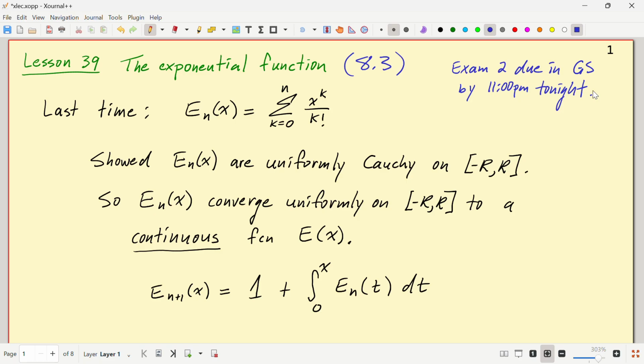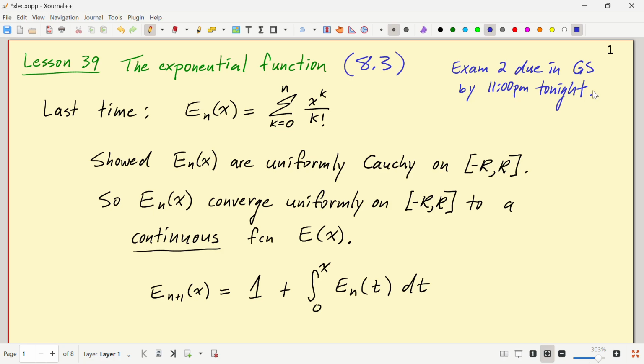And we learned in 8.1 and 8.2 that a uniformly Cauchy sequence converges uniformly. And so we know that the sequence E_n of x converges uniformly to something. We'll call that something E of x. That's going to be the exponential function that we're going to study.